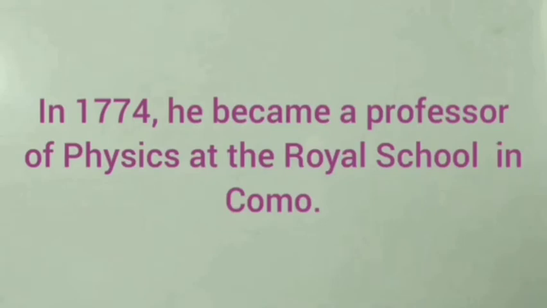Yes, you are right. That is Royal School. Where? Right, Como. And in which year he became a professor of physics? Yes, in 1774. And in which subject? Yes, it's physics. You are right.